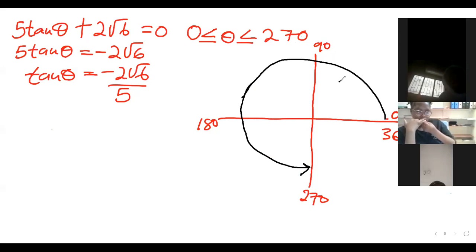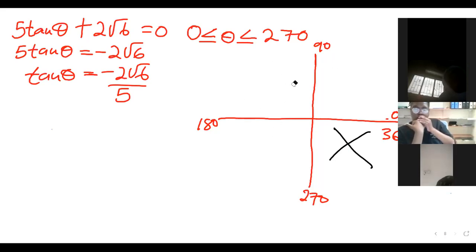Which quadrants am I talking about? 1, 2, and 3. That means 4 is out. Already you've thrown away 4.